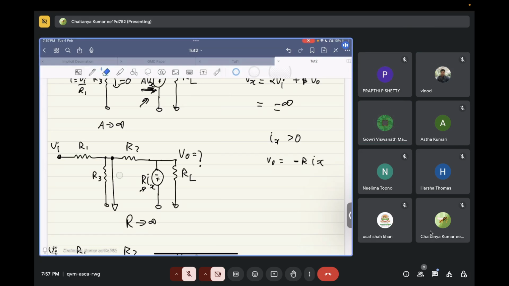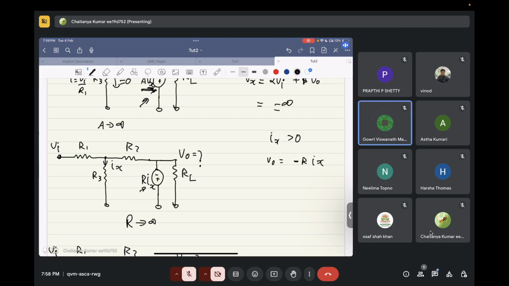Let's assume Ix is going inside this, and let's remove that short connection. So if Ix is greater than 0, the voltage V naught will be minus R times Ix, because this is an opposite direction voltage source, right?